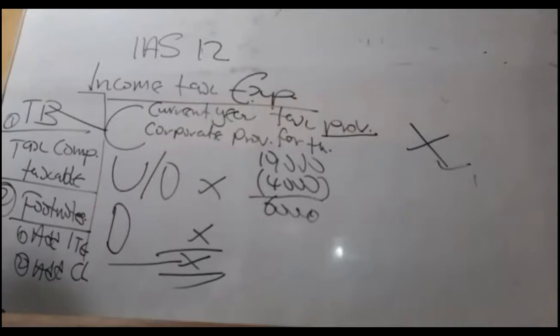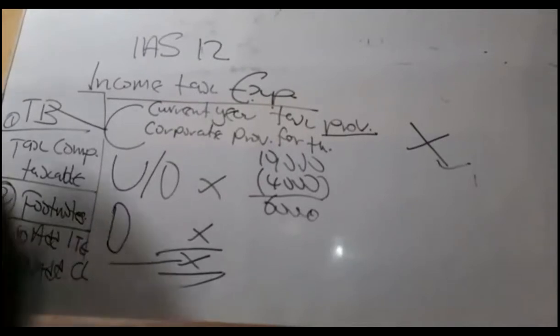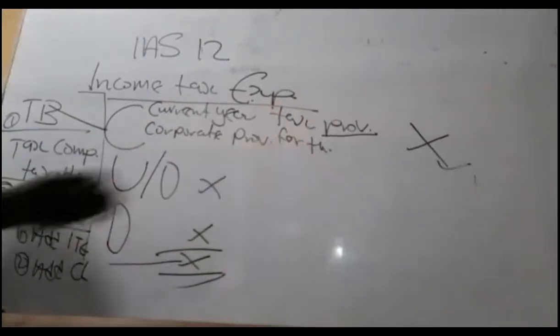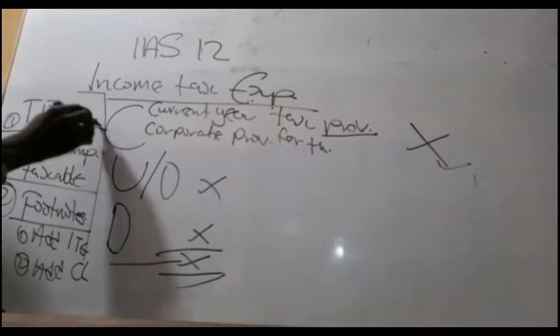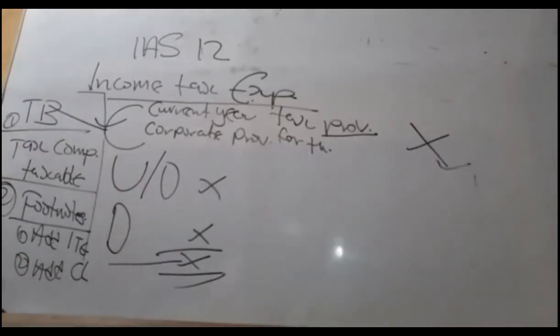That is it. And it ends there. We are done with the C, current year tax provision. Good. Now let's go to the U or the D. Then we are almost getting to the end.